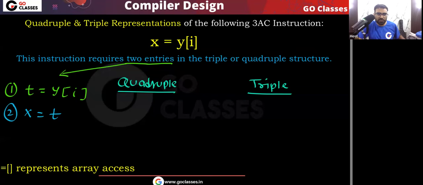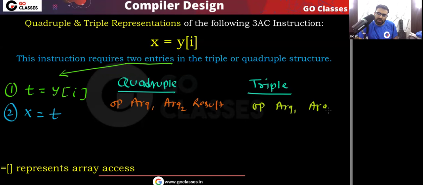In the quadruple representation, we have four fields: operator, argument 1, argument 2, result. And in the triple representation, we have only three fields: operator, argument 1, argument 2. In the quadruple representation, to refer to the result of any operation, we use temporary variables. And in the triple representation, to refer to the result of any operation, we use the position.